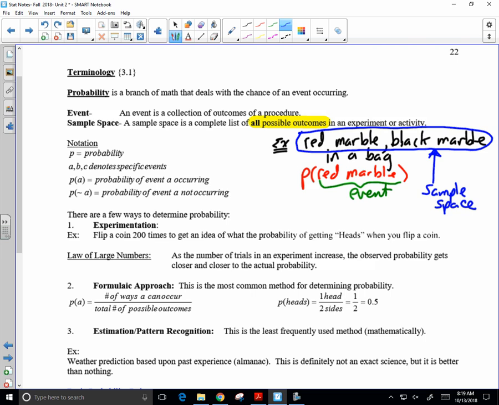Right, so just that terminology is worth spending a little bit of time on, because it is a little bit of a weird adjustment if you have no prior experience with probability. Notation: P for probability. That'll be kind of aggravating down the line when we use P to represent proportion and like 5 other things.